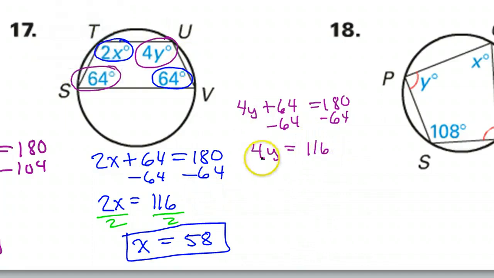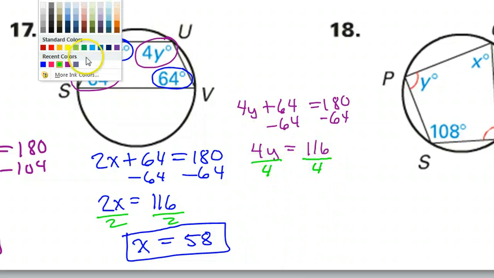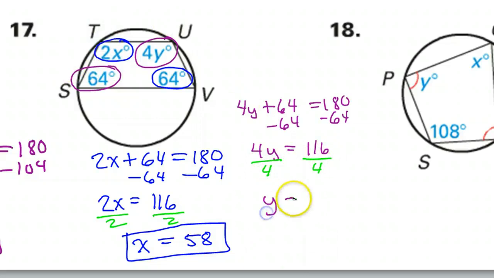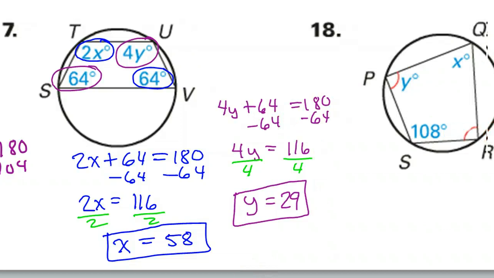But this time I'm dividing both sides by 4. So that's going to give me y equals 29. So these are the two answers for number 17.